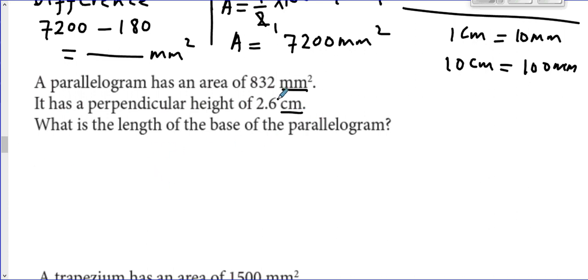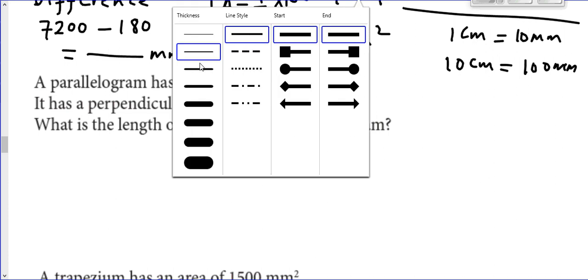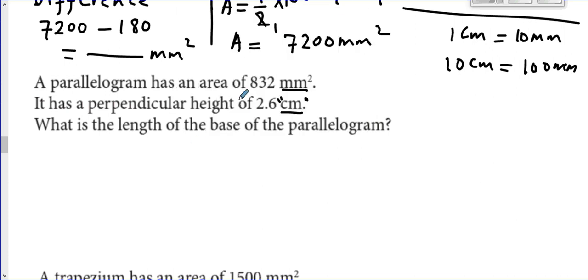First, you have to convert these centimeters into millimeters. So how do we do that? Simple. We have to convert 2.6 into millimeters. We know that 1 centimeter equals 10 millimeters. How about 2.6 centimeters?